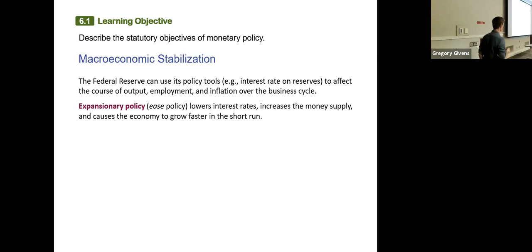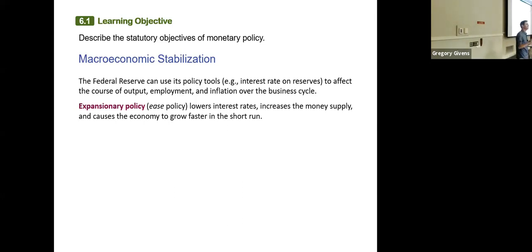The first is what I'm going to call an expansionary policy, all right? Now, what does that mean? An expansionary policy by the Fed is one that tries to lower interest rates, maybe increase the money supply, and cause the economy to grow faster, to stimulate economic growth or output. That's what's known as an expansionary policy.